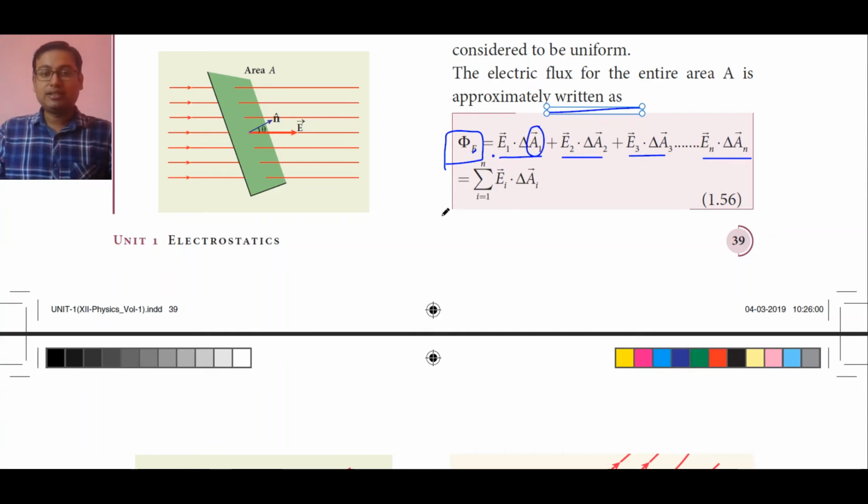So total electric flux is equal to the sum of Ei dot del Ai, where i is equal to 1 to n. This is the complete electric flux when the electric field is non-uniform and the surface is curved, not a flat region.